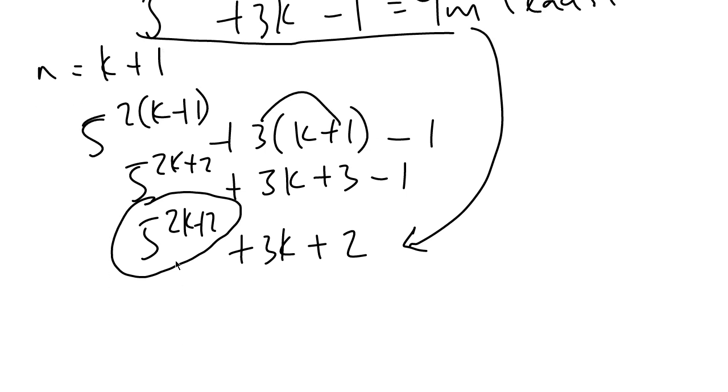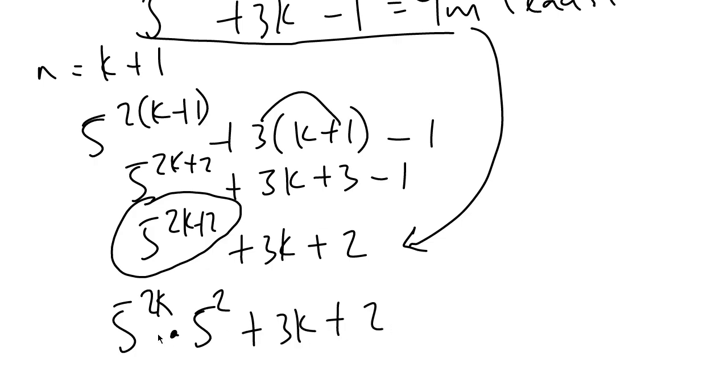Do you get what I mean? So this 5 to the power 2k plus 2, using the addition law, we can now split it as what? 5 to the power 2k times 5 to the power 2 plus 3k plus 2, because using the multiplication law, you can add the powers. So I just split it.